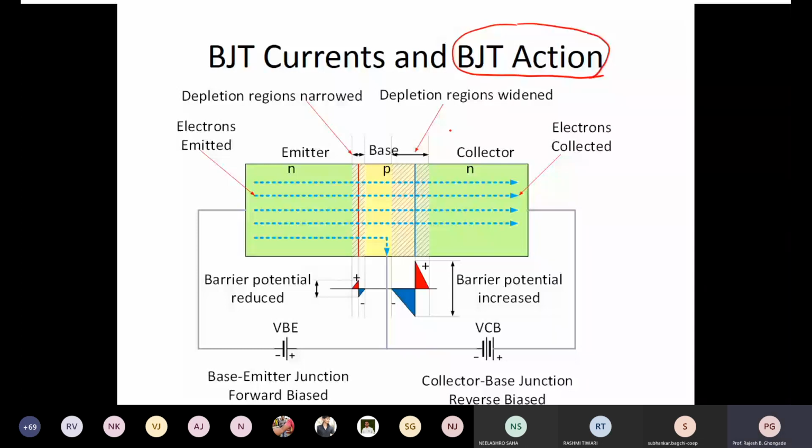Let us now assume that I am forward biasing. Please look at this device. It is the NPN device. If I want to forward bias the emitter base junction, what are the polarities that are required?